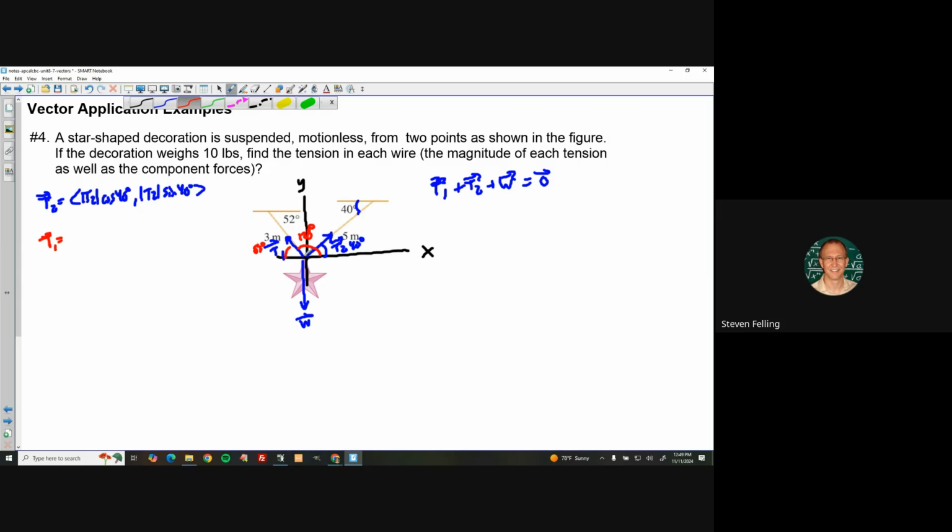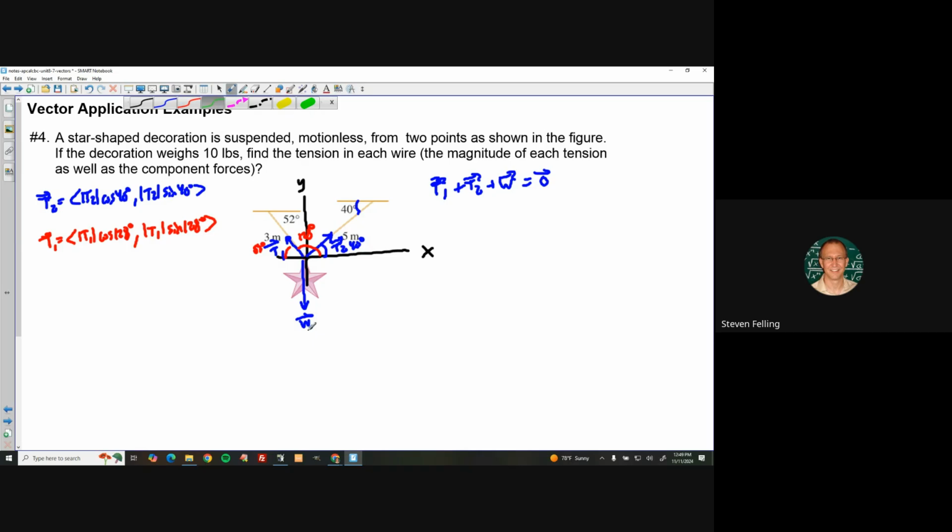So I'm going to break tension 1 into its x and y components, using this standard form. I don't know what that magnitude is, so I'll put it in as a variable, times the cosine of its 128 degree angle, magnitude of T1 times sine of 128. Okay, that breaks tension 1 and tension 2 into their x and y components.